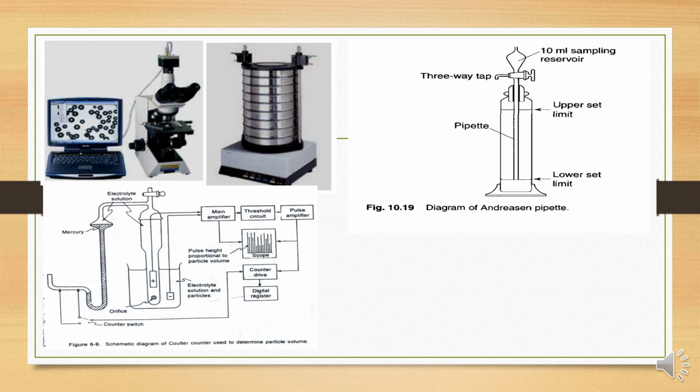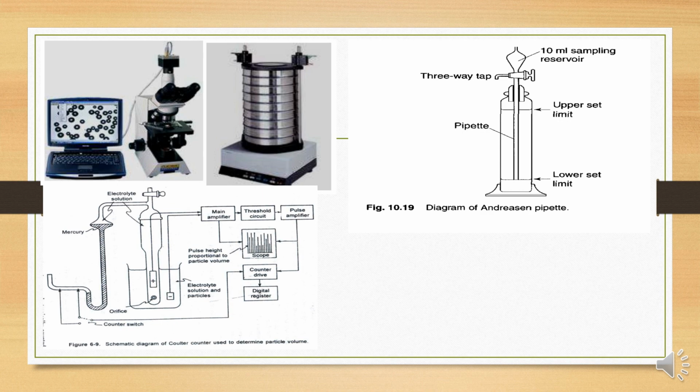The fourth method is the conductivity method, and in this method we use the Coulter counter apparatus. Under each method we have to know the main things to include.